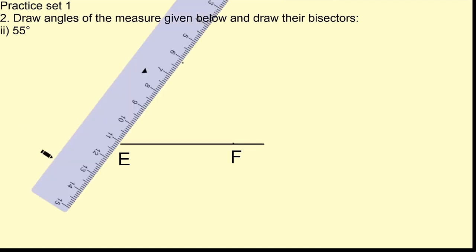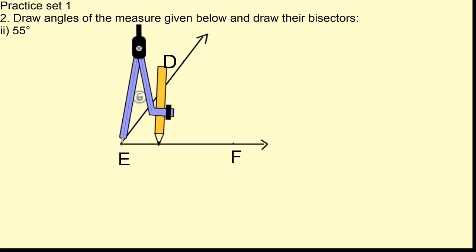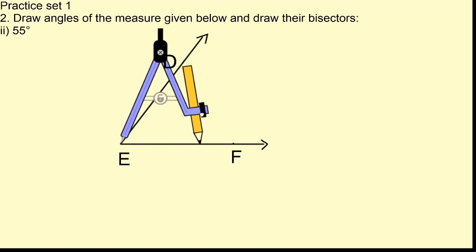Take a scale and draw a line. Draw an arrow at the end of the ray and name the ray as DE. Now place the steel head of the compass on point E and set the compass to a radius of more than half of ray EF.